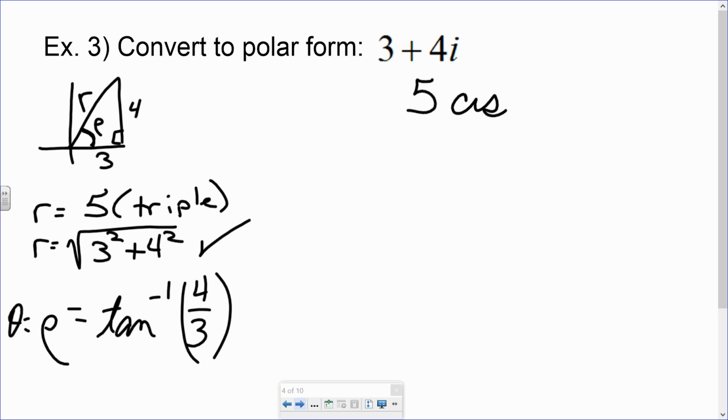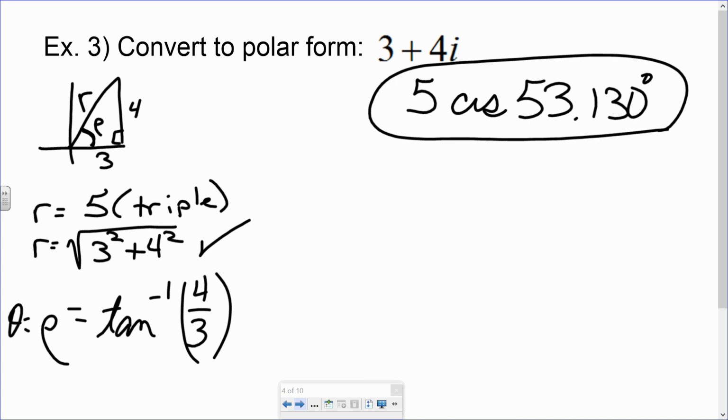When we were doing vectors, it was inverse tan of j hat over i hat, of the vertical over the horizontal. It is still the inverse tangent of the vertical over the horizontal. Morgan, what did you get? And that's all there is to converting that to polar.